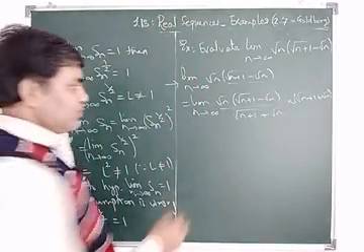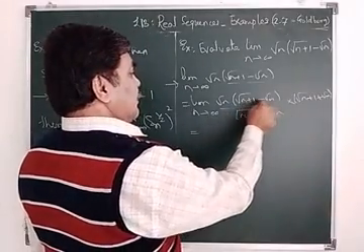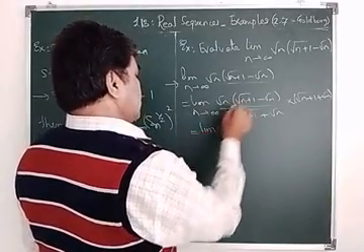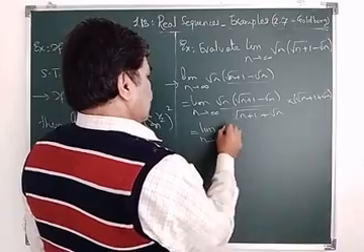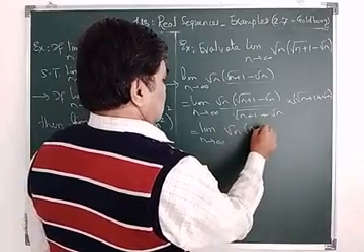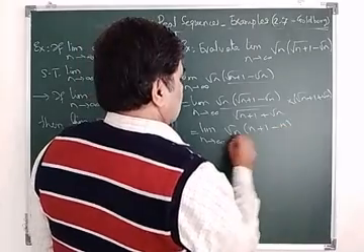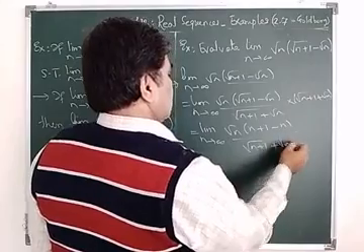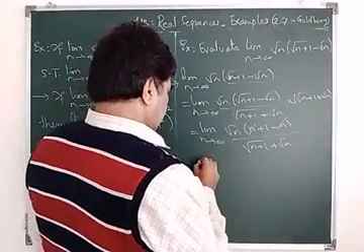Rationalizing the numerator, a minus b into a plus b is a square minus b square. So the square of square root gets cancelled. We'll get root n into n plus 1 minus n upon root of n plus 1 plus root n. This n gets cancelled.